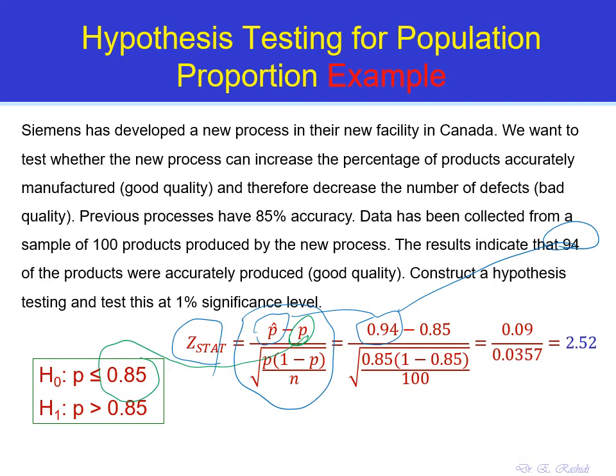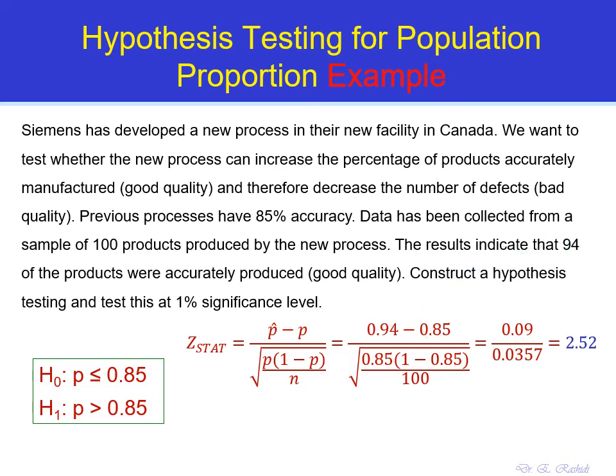Always, the value of the parameter in the test statistic comes from the null hypothesis. So we have 85% divided by the square root of p multiplied by 1 minus p, divided by n. And we plug in all the numbers and compute the solution, and the value of the test statistic is 2.52.